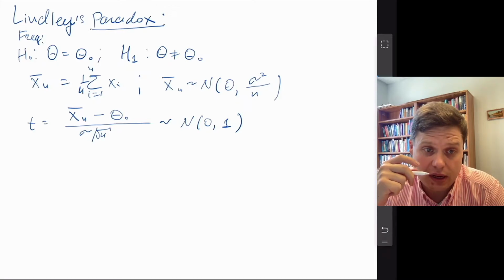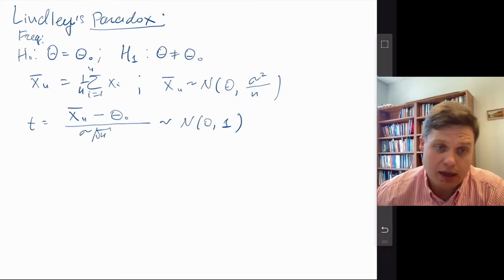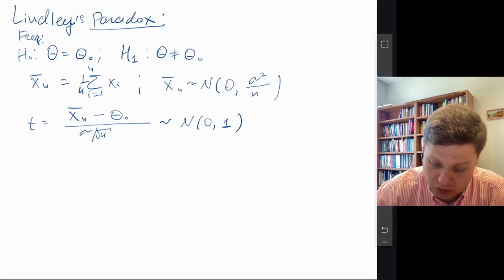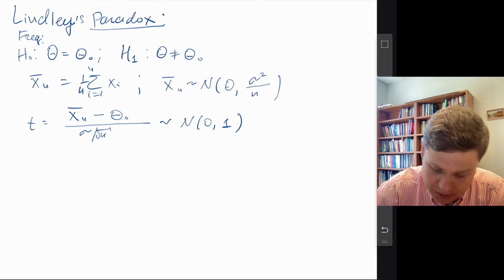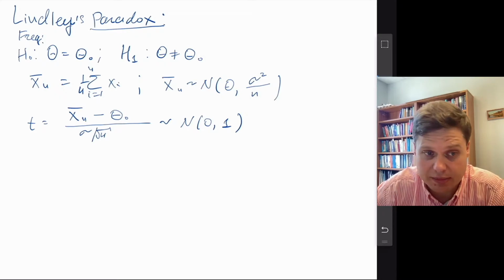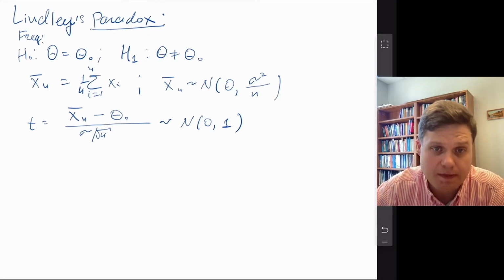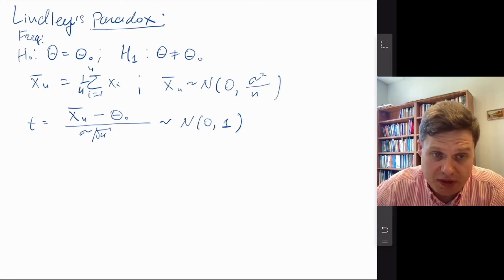And then the way we answer the question of whether we should accept the alternative hypothesis or not is that we compute the p-value.